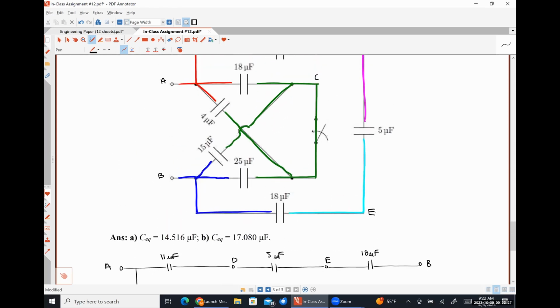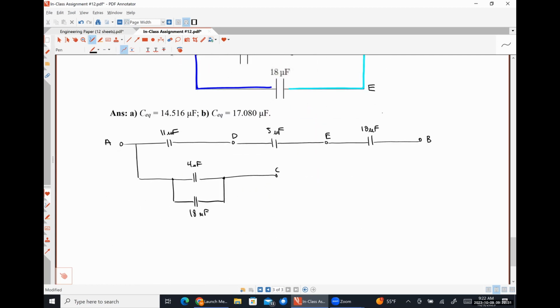And to go from C to B, I have two different routes, the 15 or the 25.